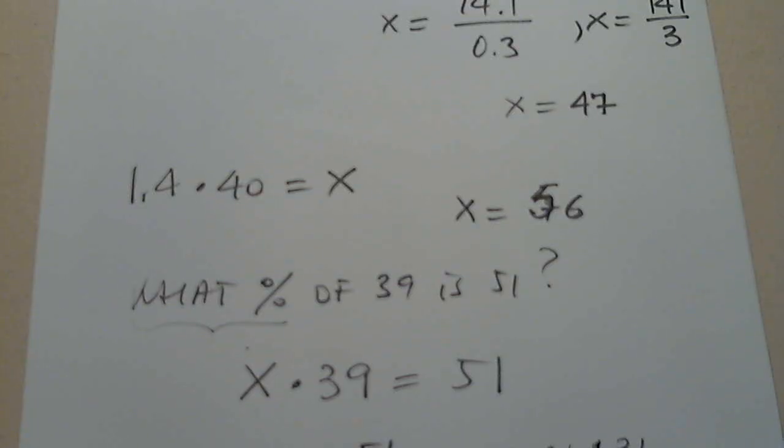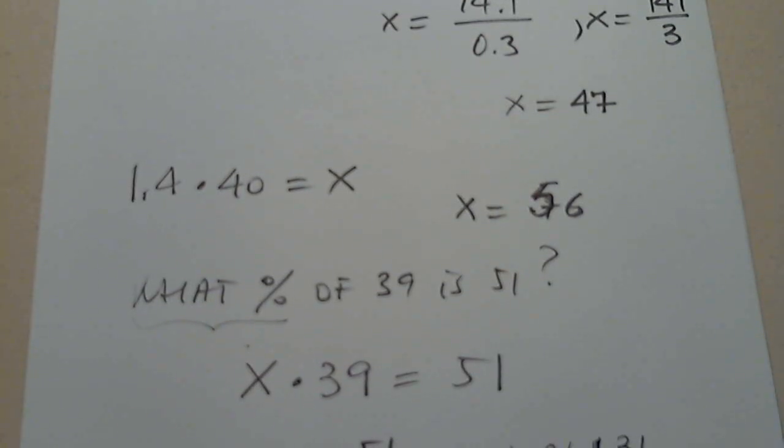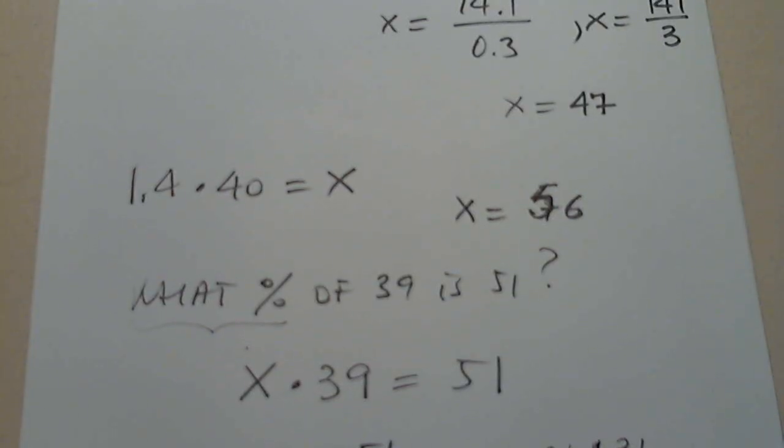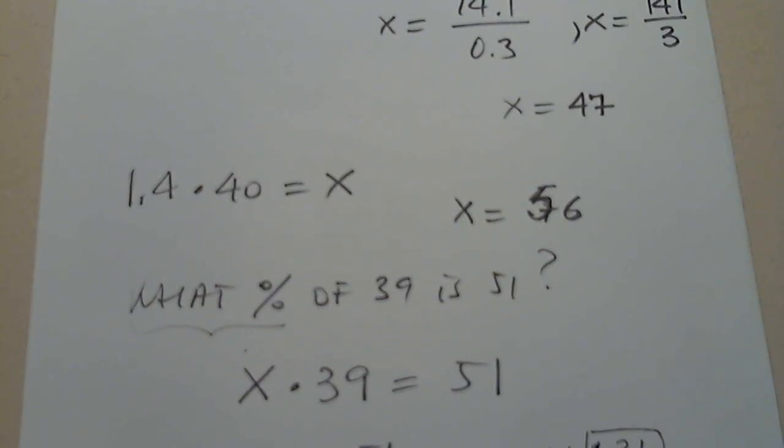Percent. Oh, fraction, right. So 51 over 39. So 1.31 or 131%. So if we want it as a decimal number, it is 1.31. If we want it in percent, I have to move the decimal point 2 spots to the right.